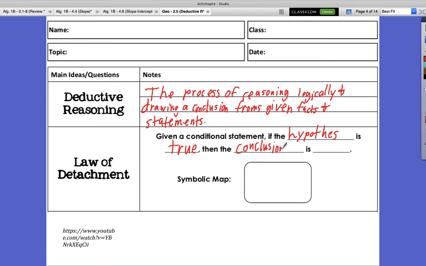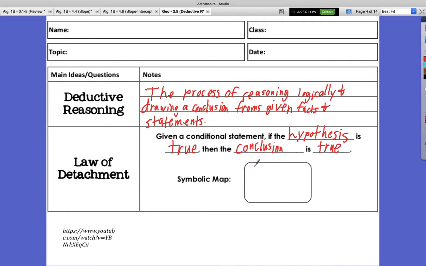I should note that this is saying that the conditional statement itself is true. So if we're given a true conditional statement, if the hypothesis is true, then the conclusion has to be true.